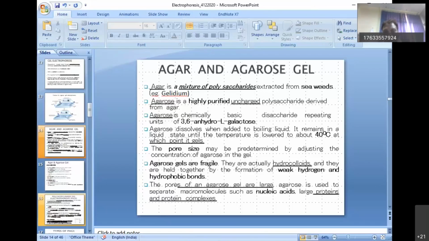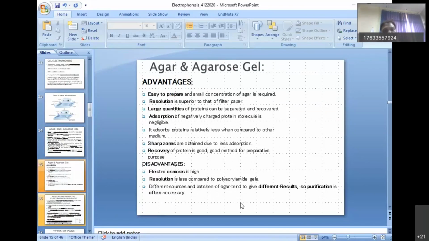Agarose gel is very fragile basically, and they are actually hydrocolloids, held together by the formation of weak hydrogen bonds and hydrophobic bonds. The advantage of this agarose gel is that it is easy to prepare, and a small concentration of agar is required. The resolution is superior to that of filter paper.